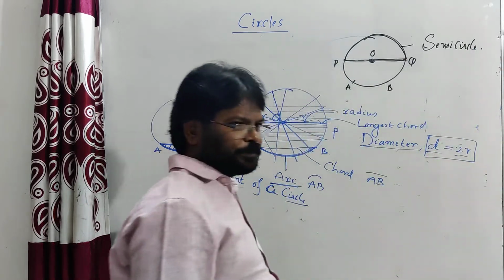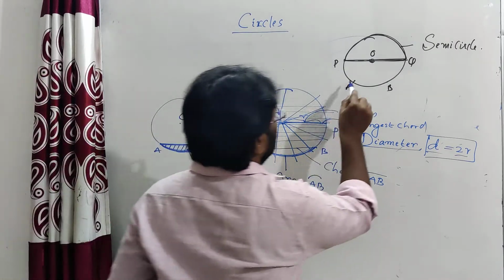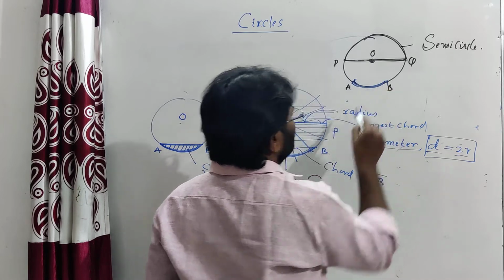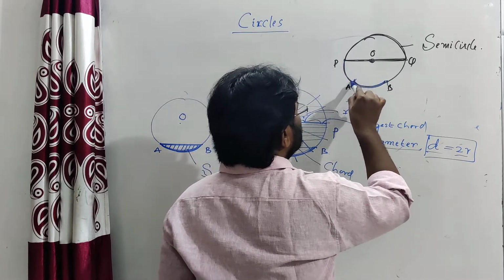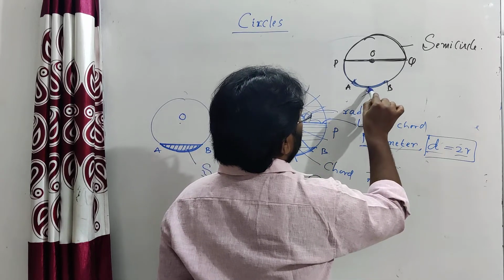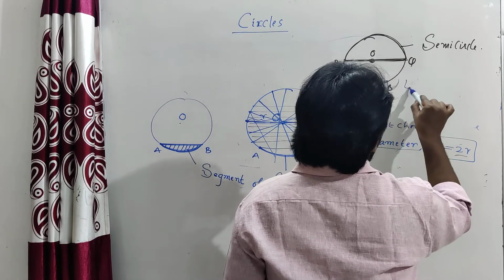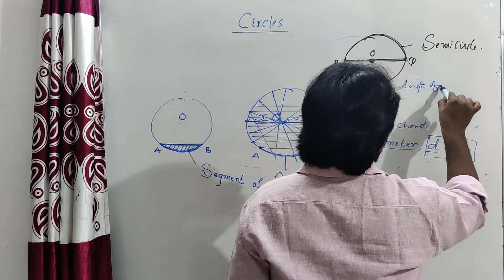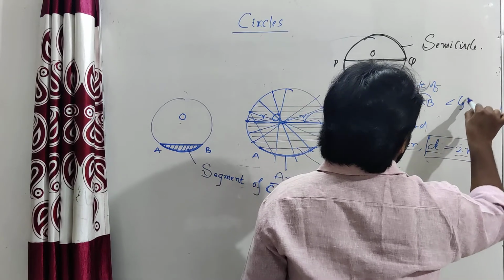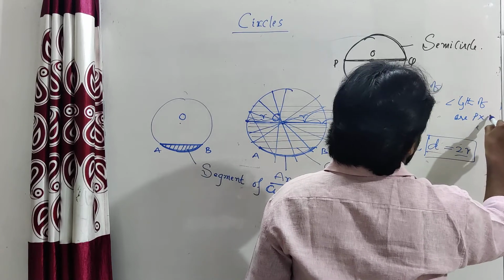But here, this length of arc, the blue colored arc, is less than the length of PQ arc. For our convenience, I am taking one more point X. The length of arc AXB is less than the length of arc PXQ.